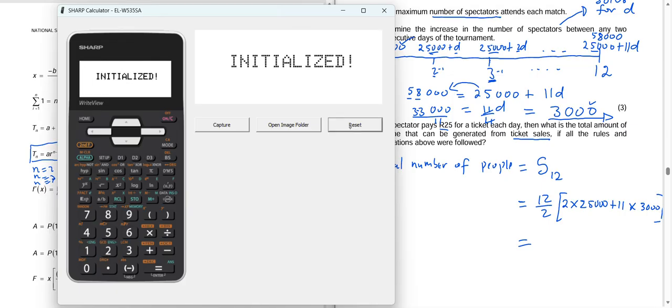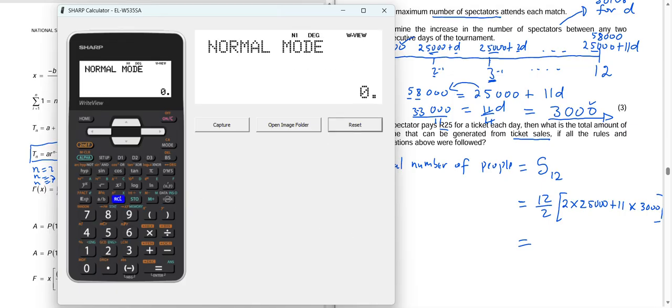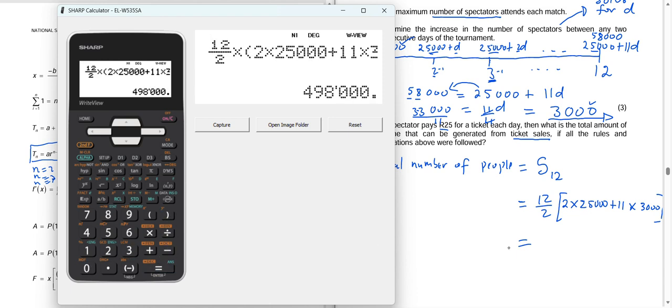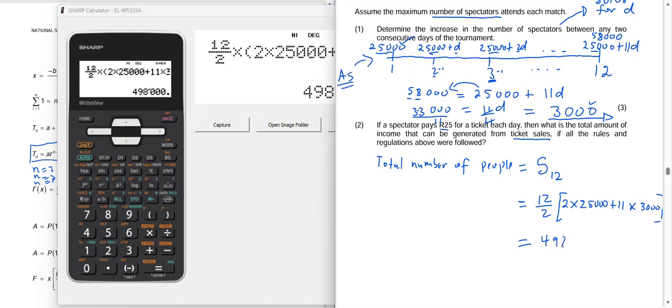Let me just reset this calculator. Now we have 12 divided by 2 multiplied by 2 times 25,000 plus 11 times 3,000. That is 498,000 people.